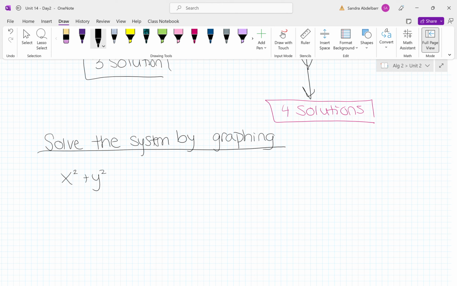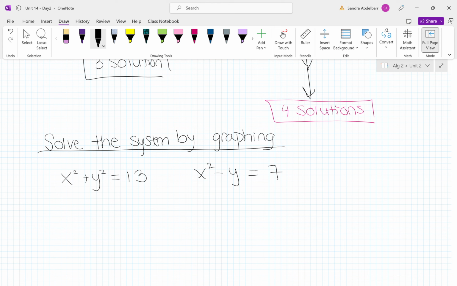So let's say we have x squared plus y squared equals 13. And now I have x squared minus y equals 7. Okay, let's talk about what we have here. Left side is what? Circle. Right side is?